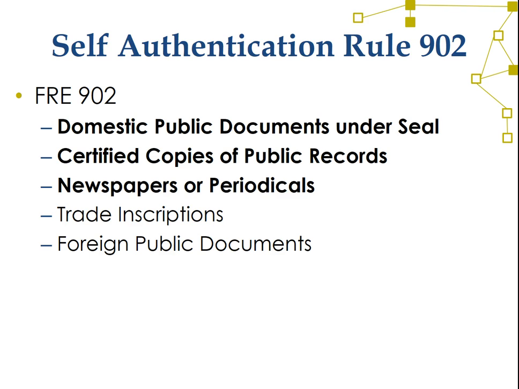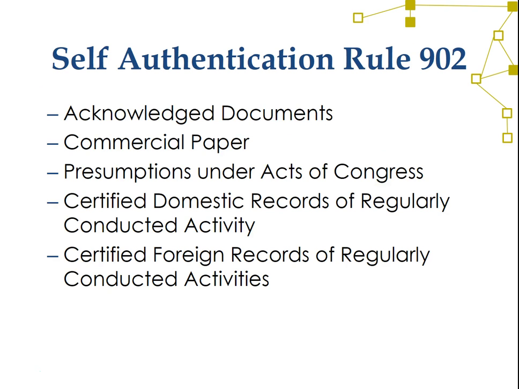Certified copies of public records. Newspapers or periodicals. Those are good. So those are a couple of things that are self-authenticating. And then you have trade inscriptions and foreign public documents and some more.